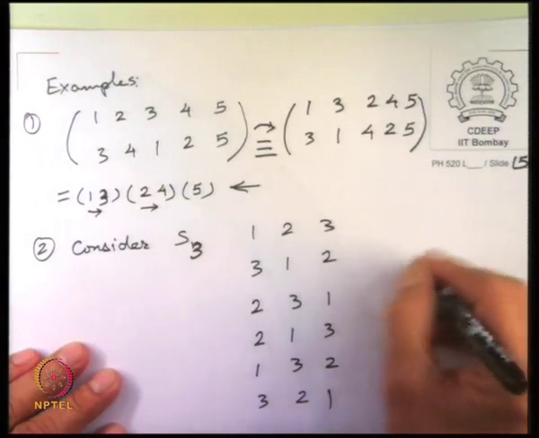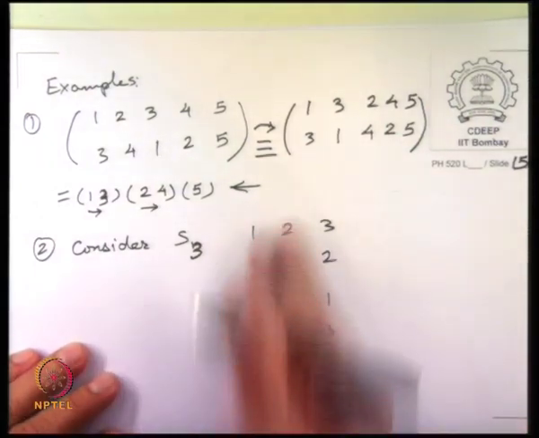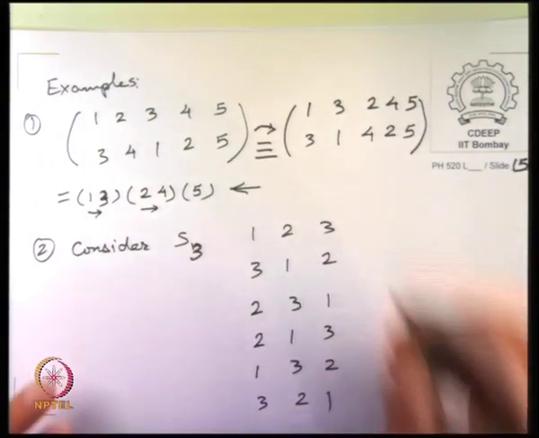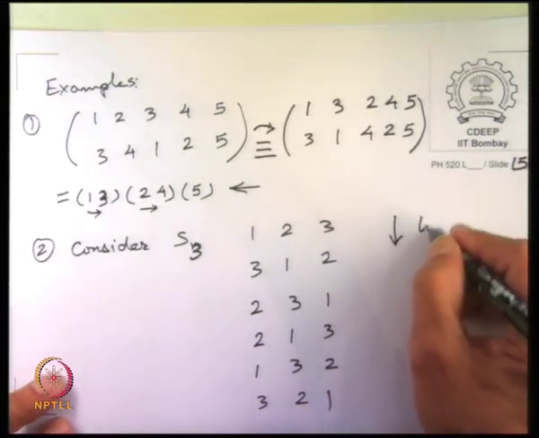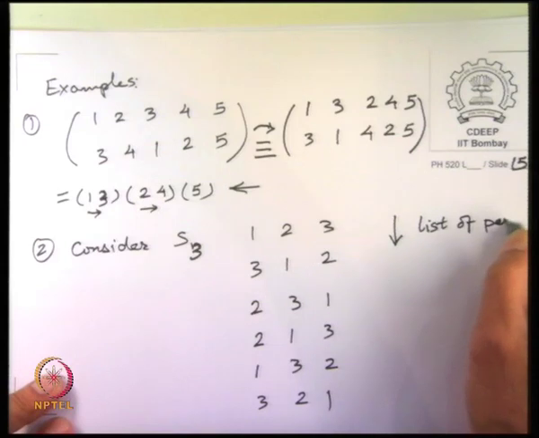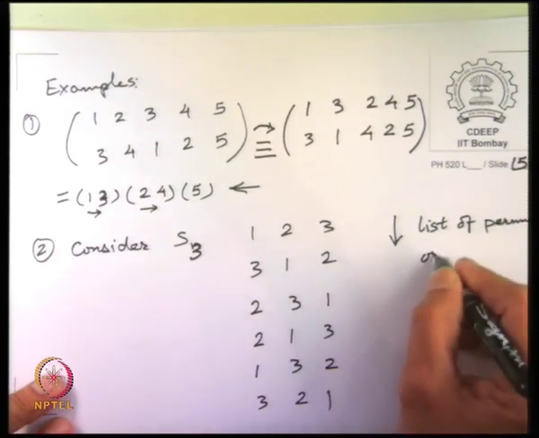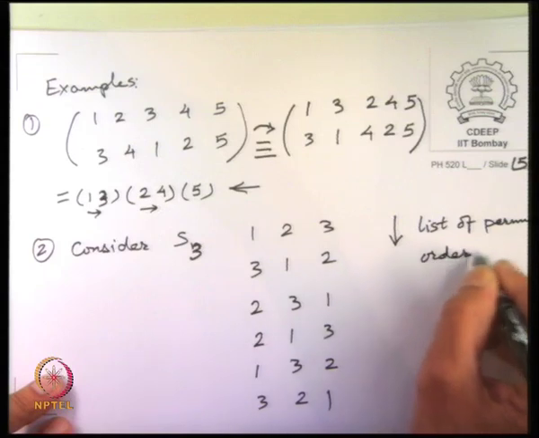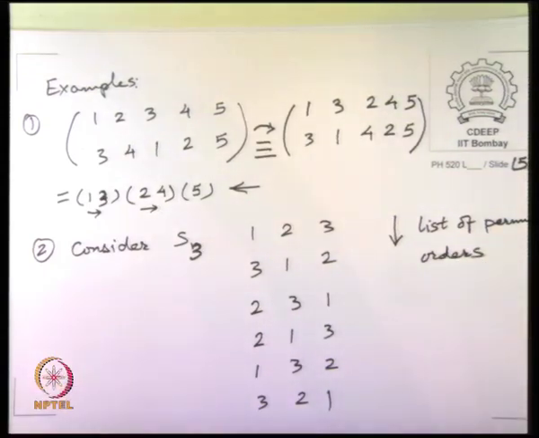I would have to write out a permutation for each of them, which would take long, but you know what this means, right? So these are a list of permuted orders. I have 6 elements in S3 and they are essentially going like this.